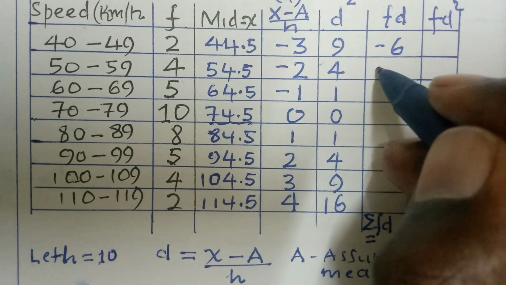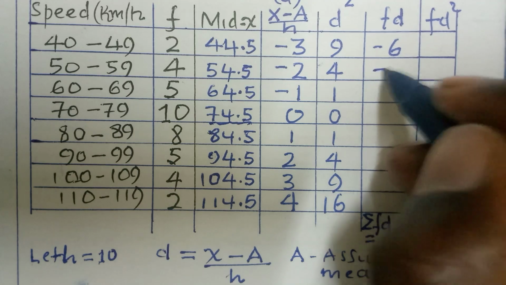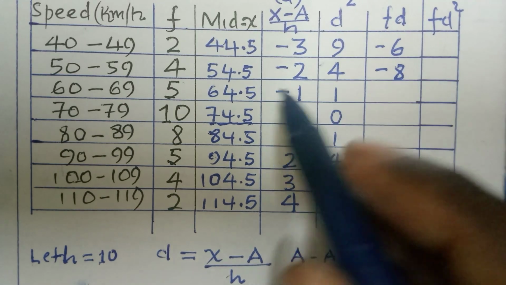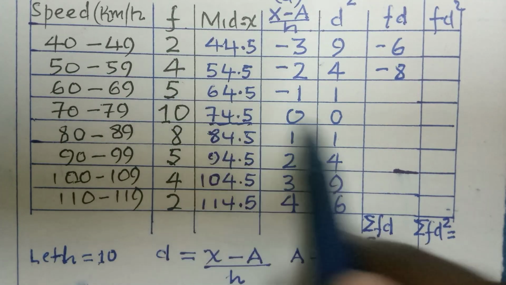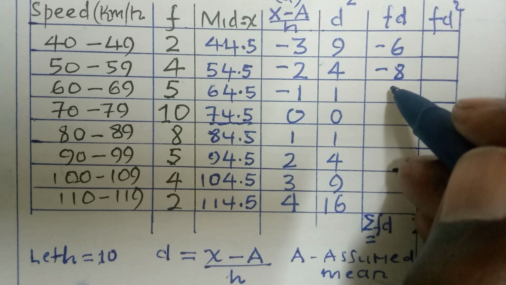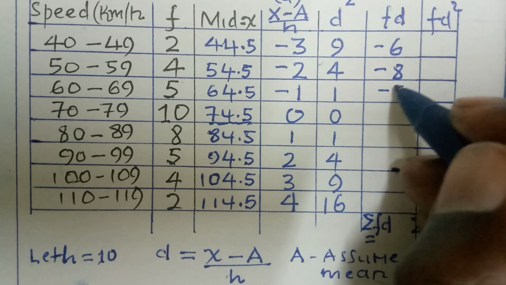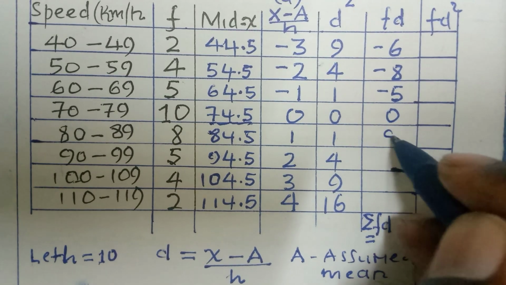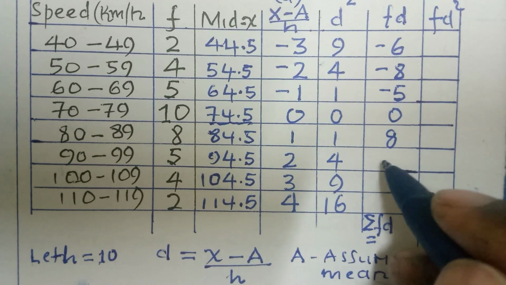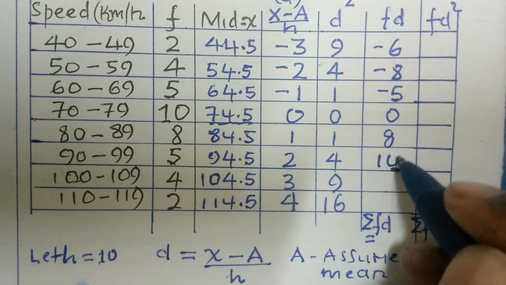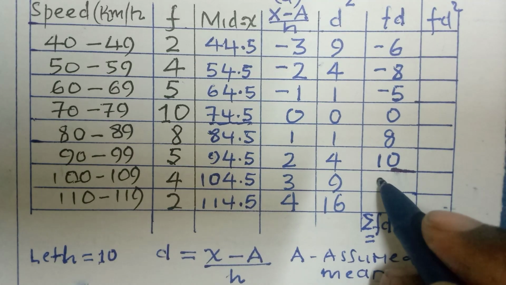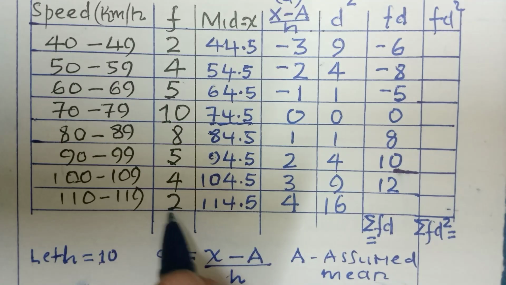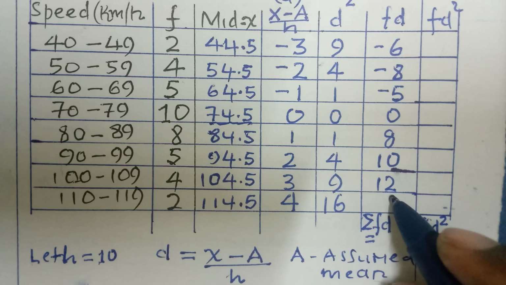And then the others we can write them -8. That is 2 and that. The other one will get -5. I can go ahead and just write them, guys. 0, 8. This is 10. This is 12. And this is now going to be 8.